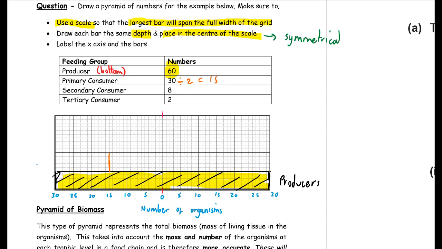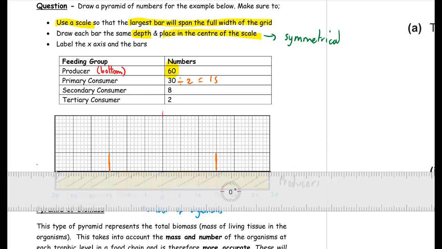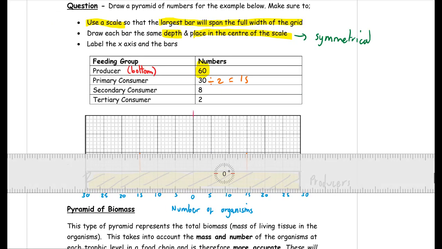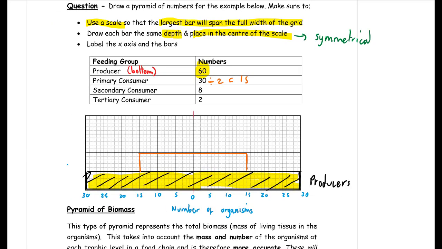So we go up, and you'll have noticed that I've used the same depth. Shade that in. And that one is the primary consumer. Now, the secondary consumer then is 8, so it's going to be 4 on either side.